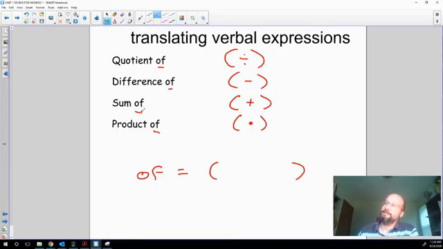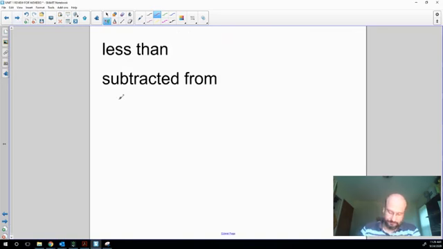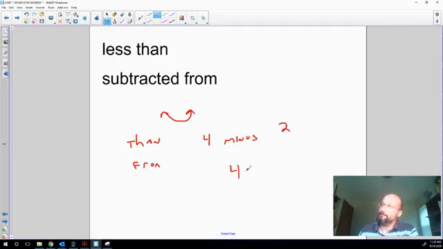Again, these are the hardest, not only because of the parentheses, but because of the English: quotient, difference, sum, product. So the next hardest is the "less than" or the "subtracted from." If you see "than" or "from," you're going to have to switch the order. For example, if you just have 4 minus 2, that's just 4 minus 2, and that equals 2.